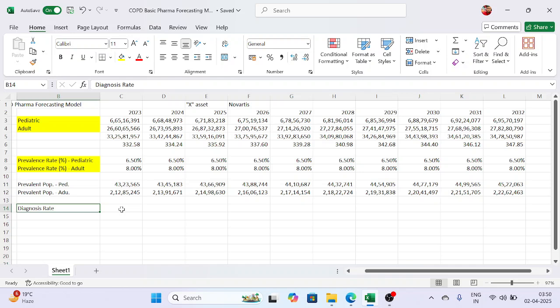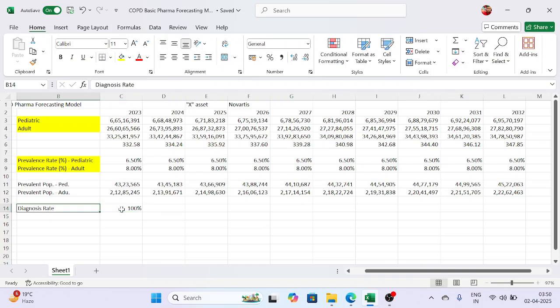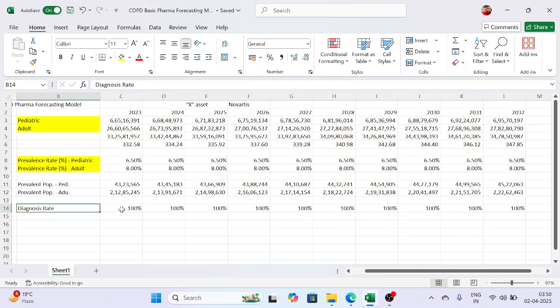So for COPD, let's consider 100% as the diagnosis rate, or you can consider 90% also. So let's say 100% is the diagnosis rate for both populations. It can vary.